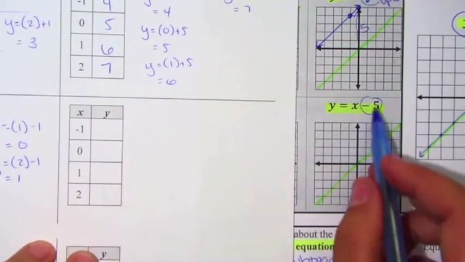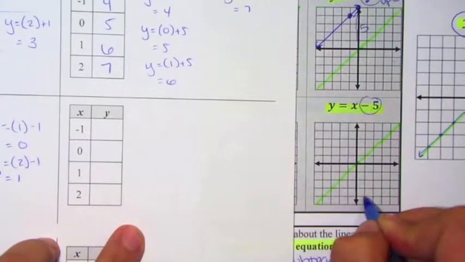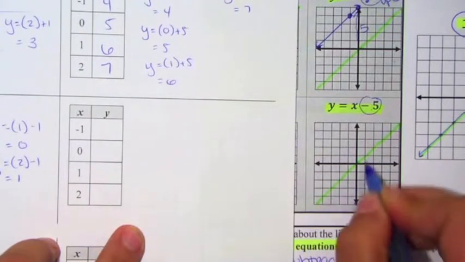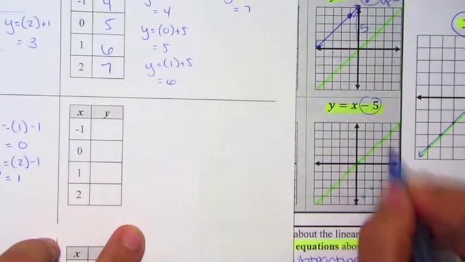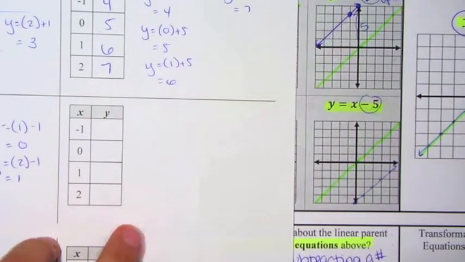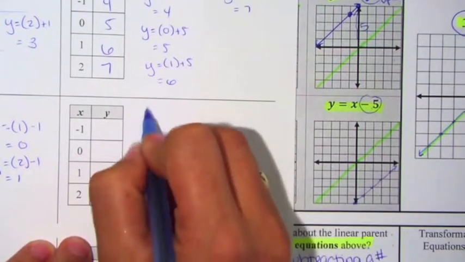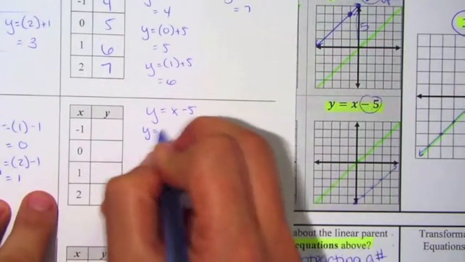X minus 5. Again, my conjecture is that it's going to move down 5. So I actually think that my graph is going to look like 5 units down. I think my graph is going to look like this. And then let's go ahead and check. Y equals x minus 5. Substitute in.